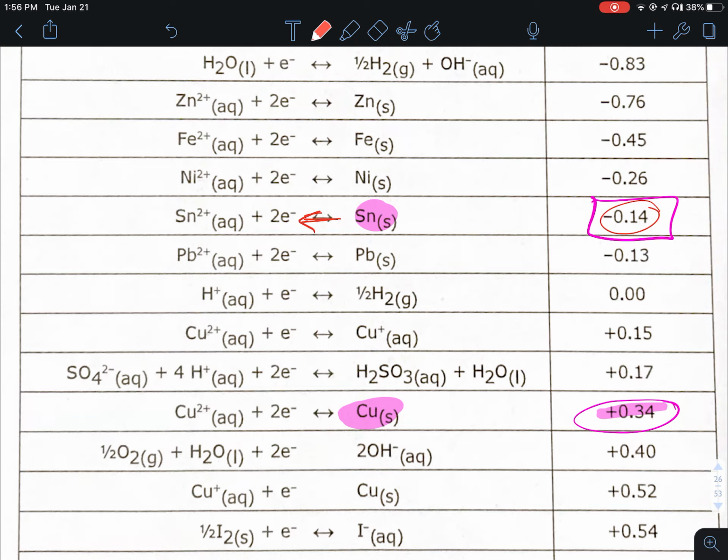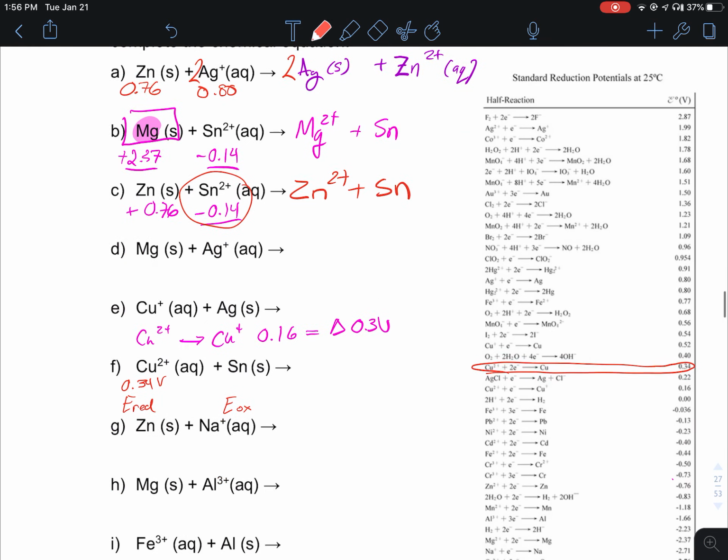So whereas this number was our reduction number, I want the oxidation number. Luckily this is very easy to find. It is simply inverting the sign, 0.14, positive now. So I'm going to go down here again.